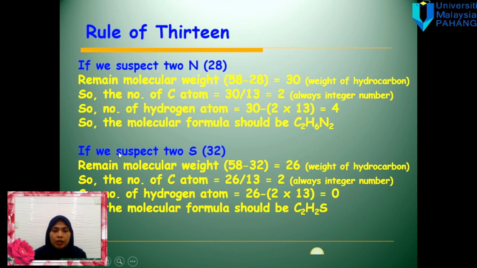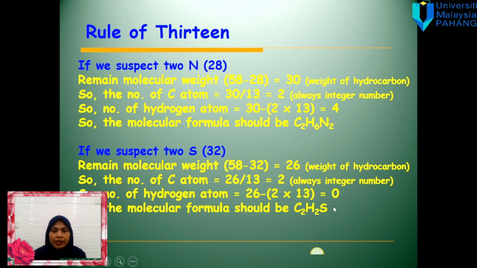If we suspect our molecule to have sulfur, we deduct 32. 58 deducted by 32 becomes 26, and 26 divided by 13 becomes 2. This is the n value. The R value is 0, so the m value will be 2. So the molecular formula will be C2H2S.